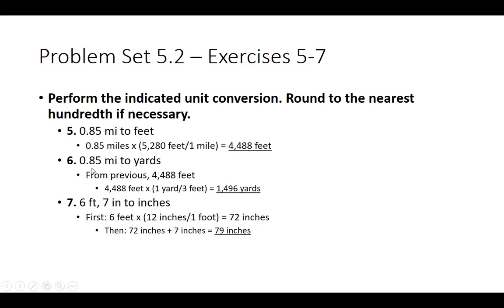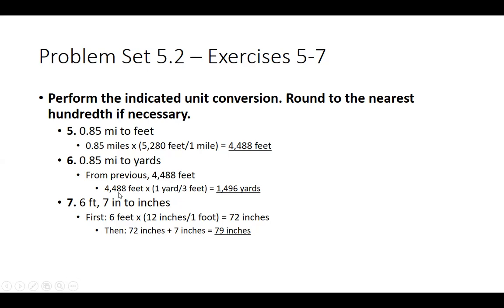In number 6, we're converting 0.85 miles to yards this time. Now, we're going to cheat a little bit, and we're going to start with the 4,488 feet that we got in the previous problem. Otherwise, we would need to convert miles to feet again first.